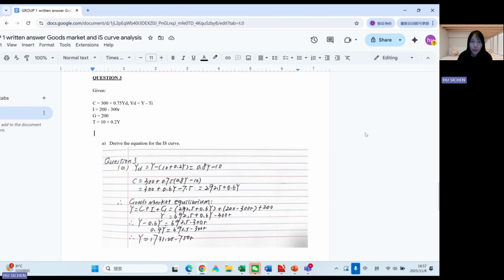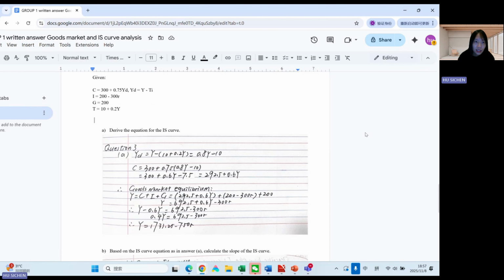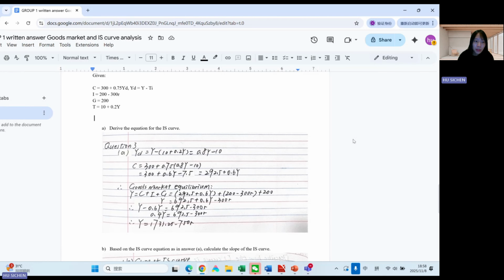Okay, now let's move to question 3, where we use actual numbers to derive the IS curve and calculate income levels. From the question, we can get the following 4 equations. First, we look at question A: derive the equation for the IS curve. From the equations given, we can first substitute YD equals Y minus 10 plus 0.2Y, and we get 0.8Y minus 10.